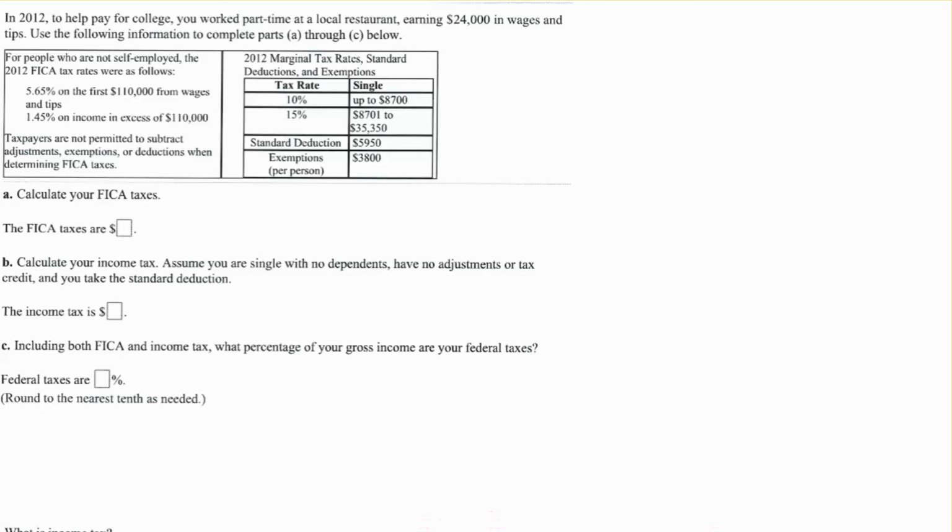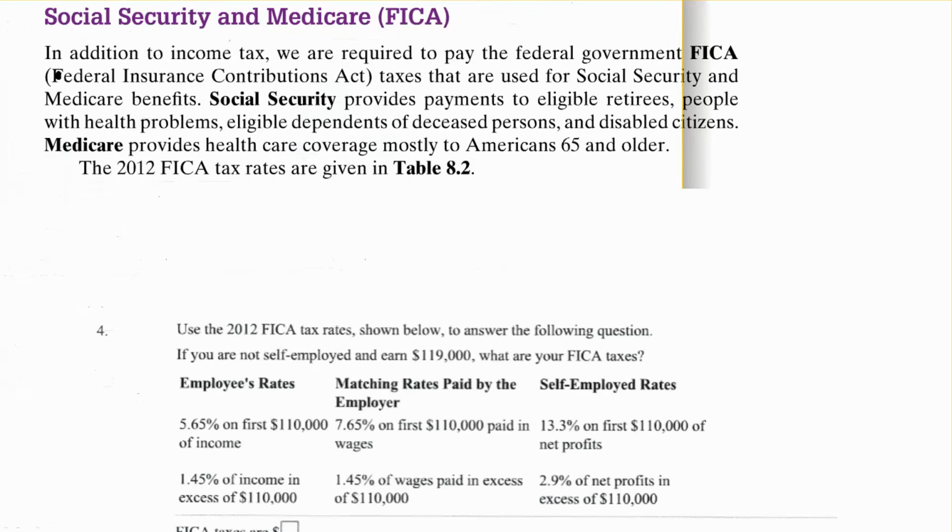Now we're going to take a look at FICA taxes. In our next questions, we're going to talk about something called FICA. In addition to income tax, we are required to pay the federal government FICA, Federal Insurance Contribution Act, FICA taxes.